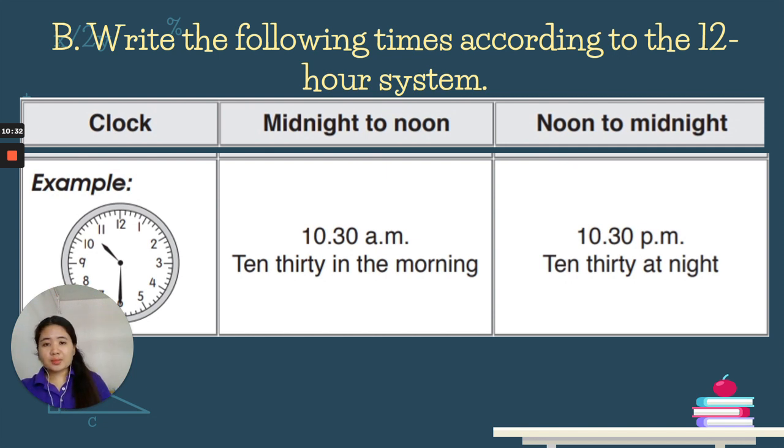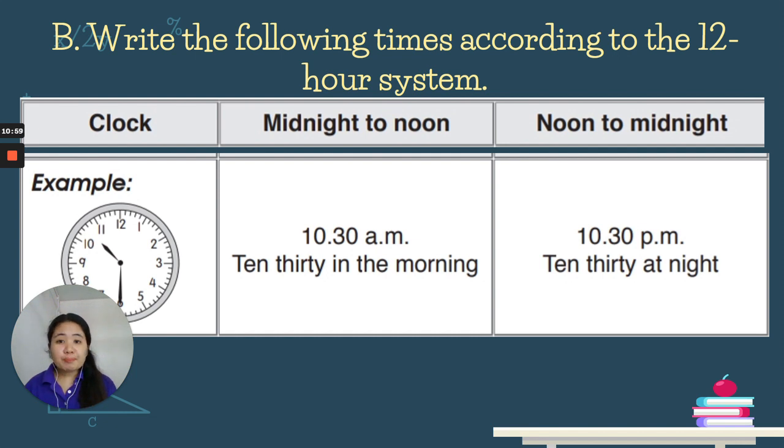You remember the antemeridian and the postmeridian, the AM and the PM? That's the difference, on how to write the time. So if it has AM and PM, that means it differentiates the morning and the afternoon. If you write the AM, it is understandable already that it is in the morning.